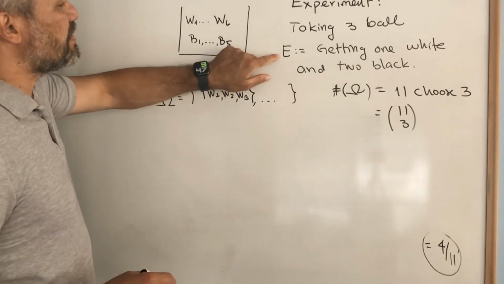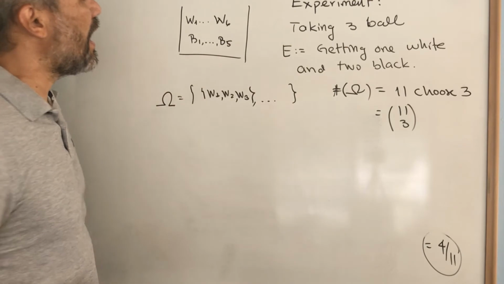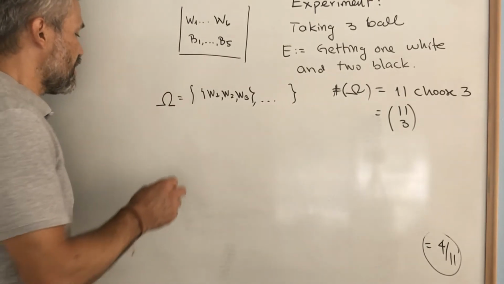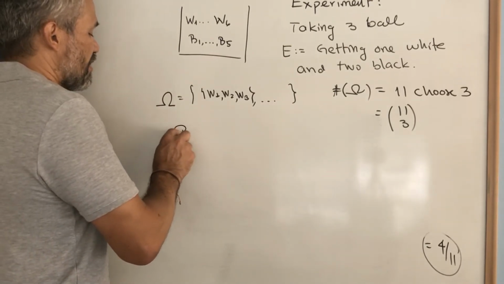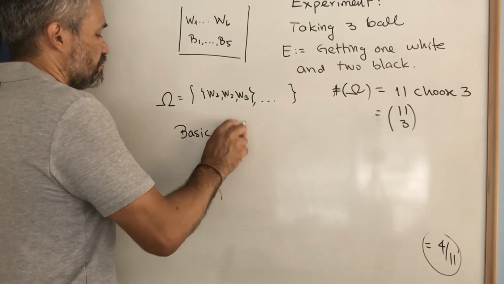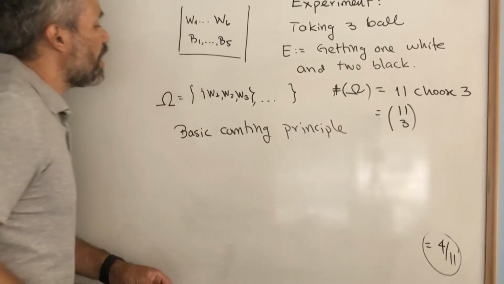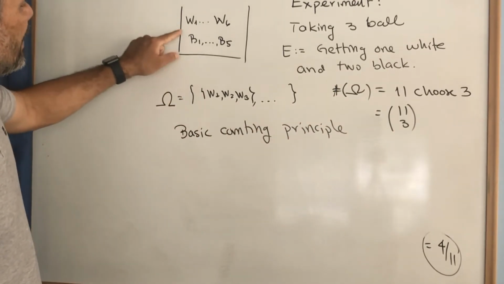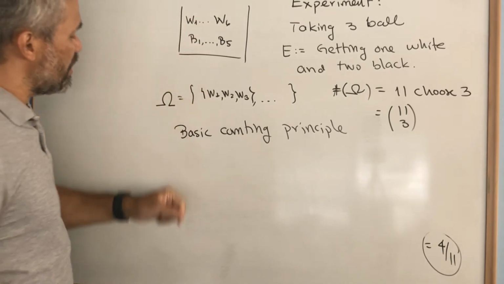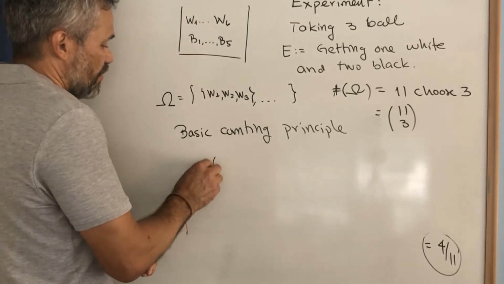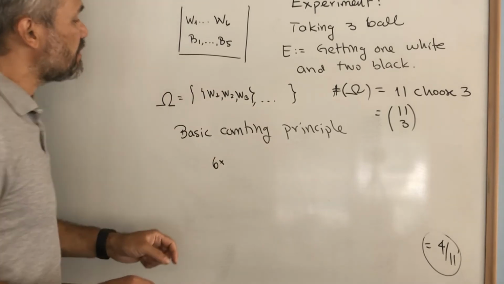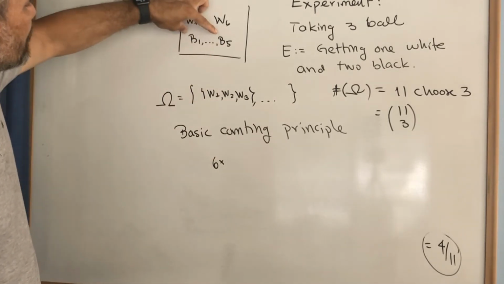Now let's consider this event, getting 1 white and 2 black. Then we can use the basic counting principle. In how many ways can we select a white ball? In this case there are 6 ways that we can do that. And now in how many ways can we select 2 black?